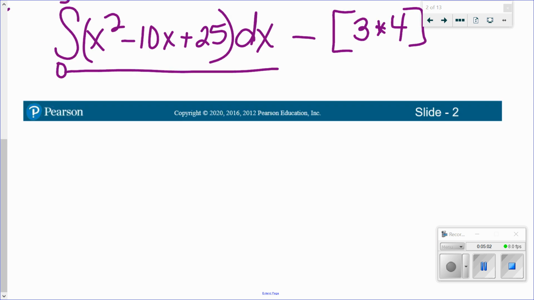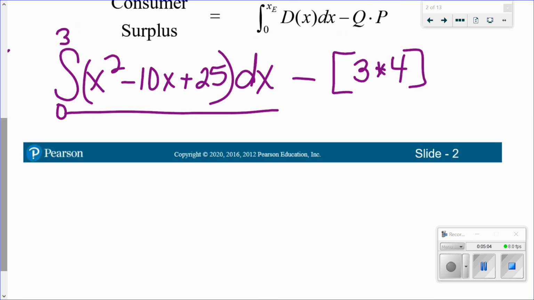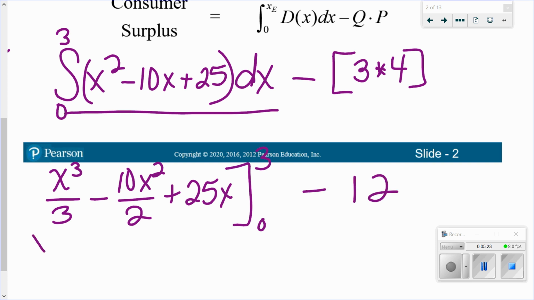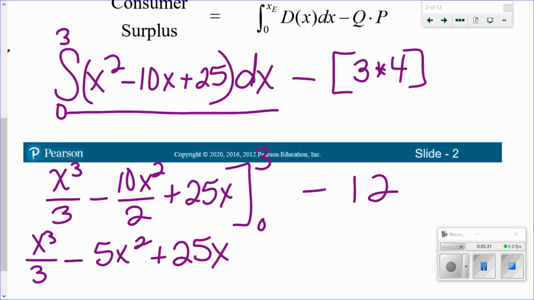So we need to go ahead and take the antiderivative here. So we have x cubed over 3 minus 10x squared over 2 plus 25x, evaluated at 0 and 3, and we're going to subtract 12 from that. So this is x cubed over 3 minus 5x squared plus 25x.